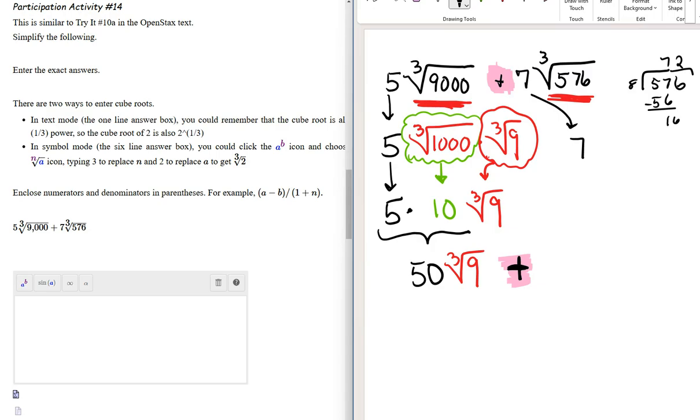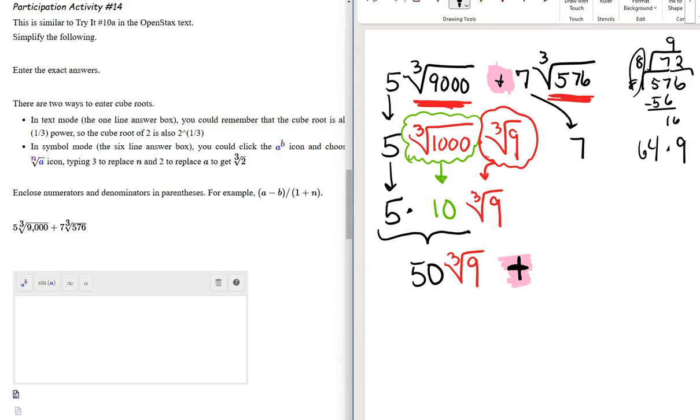But 8 also goes into 72 9 times. And even though 8 is a perfect cube, what's 8 times 8? 8 times 8 is 64.